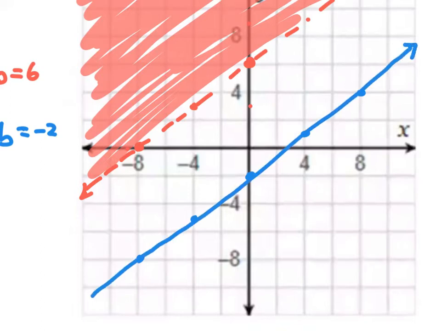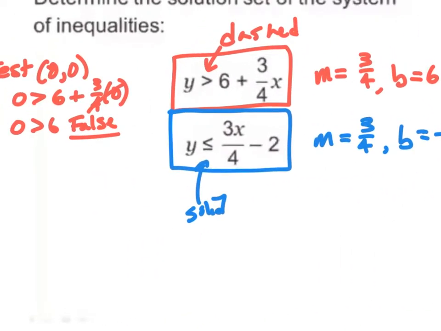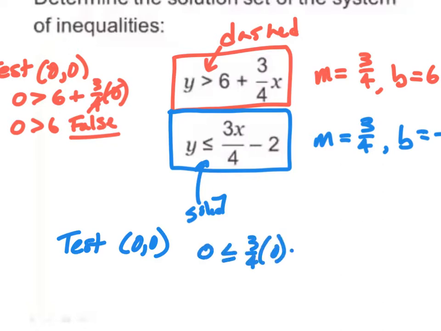Now we want to test 0, 0 again. It's above the line, so we'll test 0, 0. If we test the point 0, 0, we get 0 is less than or equal to 3/4 times 0, and then -2. So then we get that 0 is less than or equal to -2, and this is also a false statement.